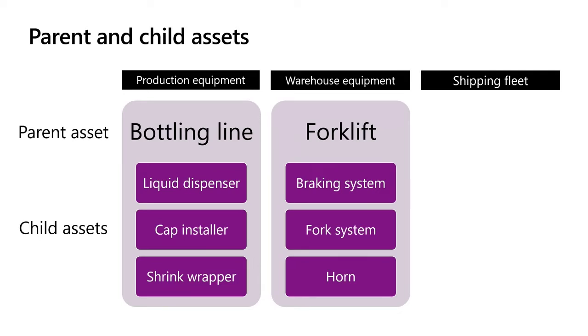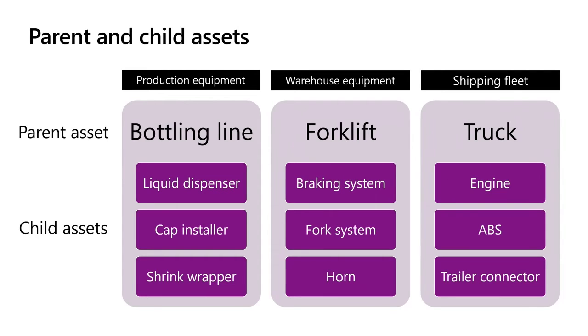In our warehousing environment, we may have a parent asset for the forklift, which drives our overall annual inspection, but have child assets for the braking system, the forks, and the horn. Again, if we need to execute or track maintenance on parts of a machine specifically. And in a shipping fleet, we may have our truck as the parent asset, where we have the engine, the ABS, and the trailer connector as child assets.